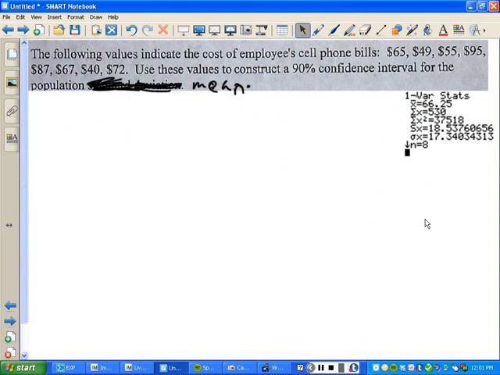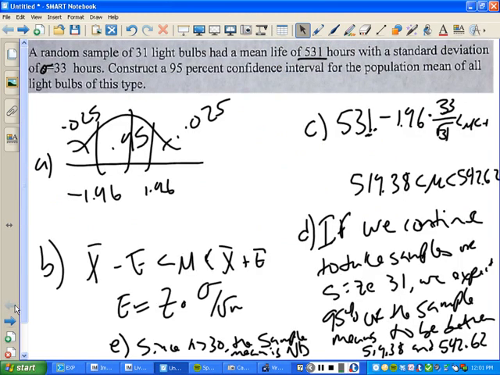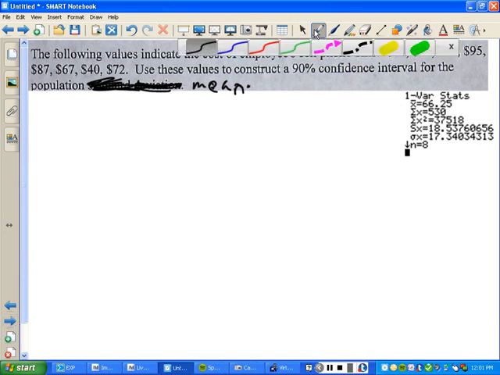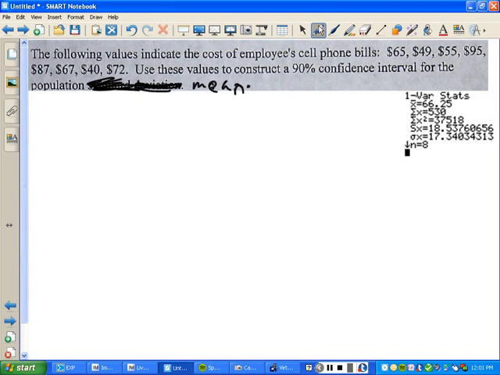Well, I can, except for one thing. Notice that sigma is not known. And I say that because over here, I've made that point to say, hey, sigma is known. It's not S, it's sigma. Remember that? Over here, it doesn't tell me what sigma is. Some of you will say, well, it does tell me, right there, sigma.